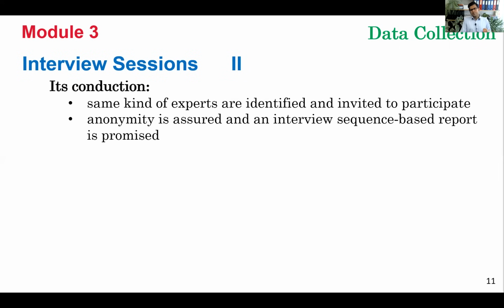In-depth interviews with experts have been used with great success as an alternative to questionnaires. In this approach, the same kind of experts are first identified, invited to participate, assured of their anonymity, and in most instances, promised a report based on the interview sequence.